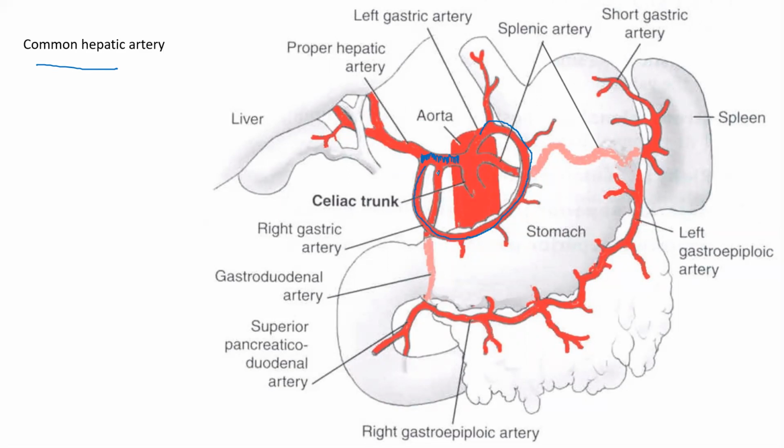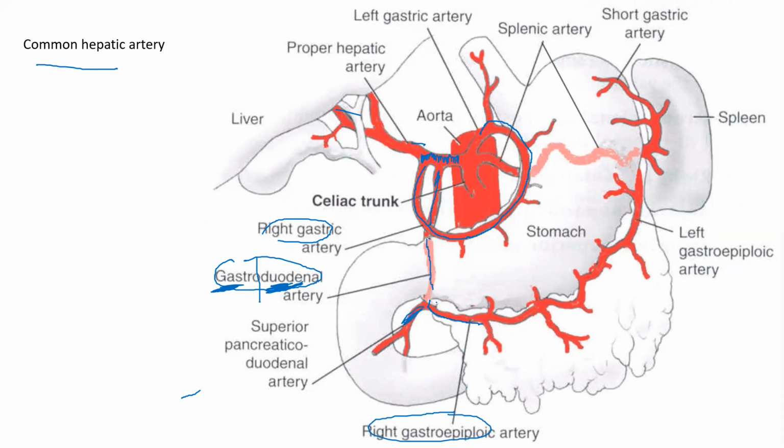And the next one is the gastroduodenal artery. As the name indicates, gastroduodenal, it gives the right gastroepiploic artery. You can see it going behind the stomach, behind the duodenum. And then you can see it dividing into the right gastroepiploic artery and the superior pancreaticoduodenal artery.